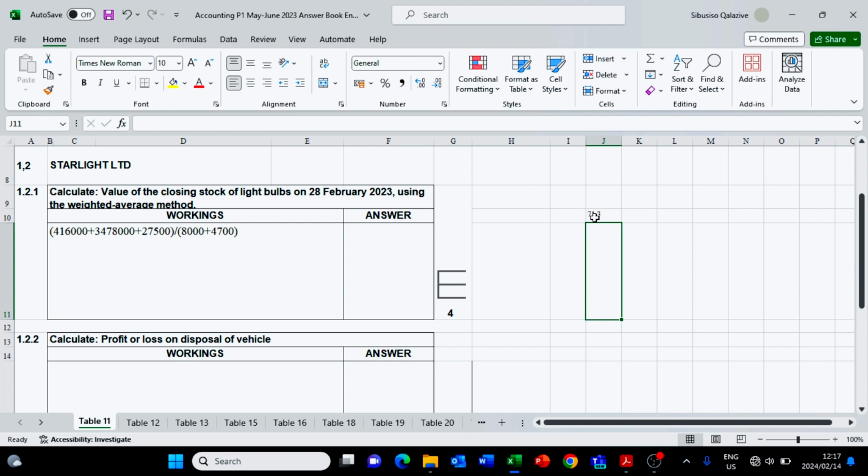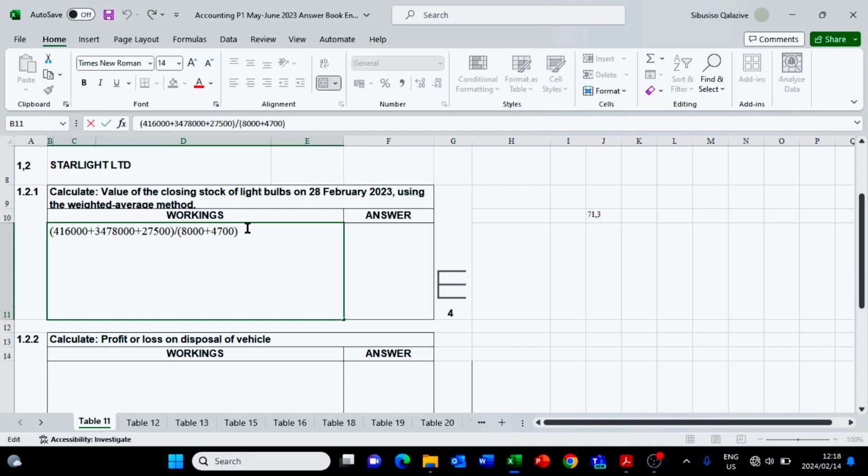So it's going to be 71.3 cents, 71 rands, 3 cents.